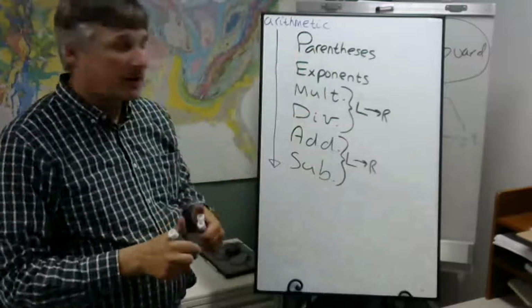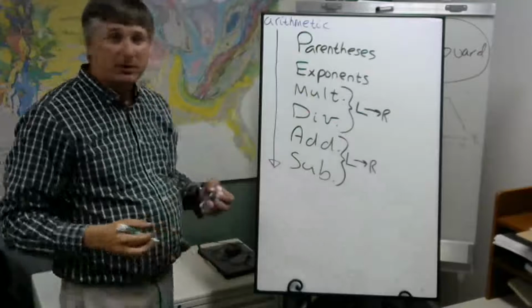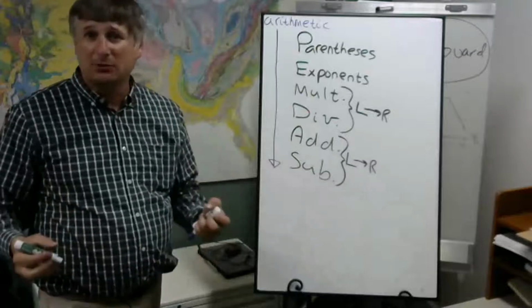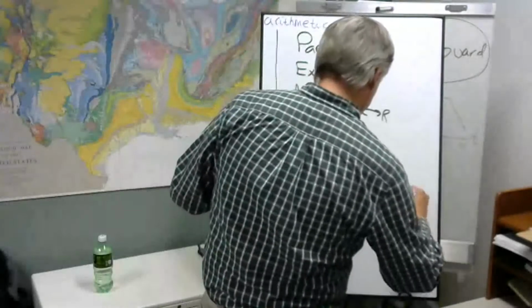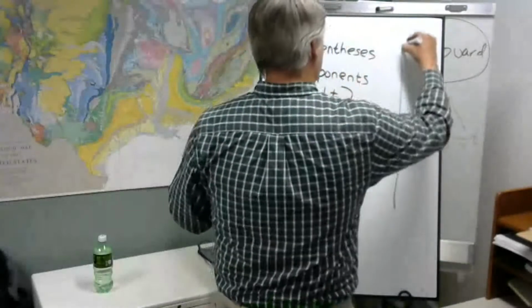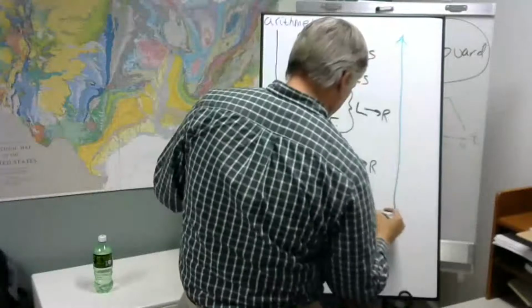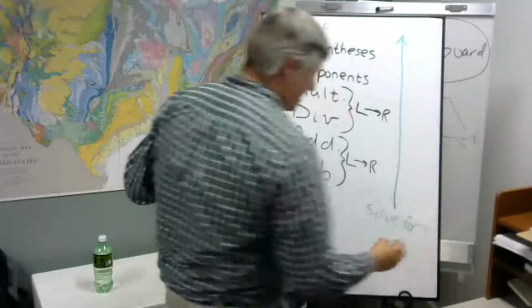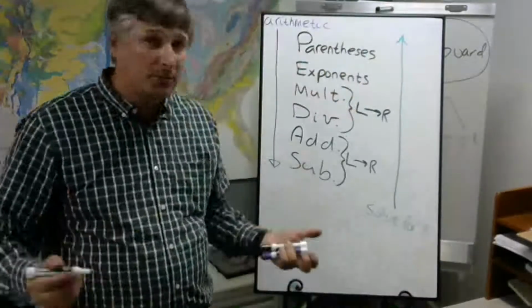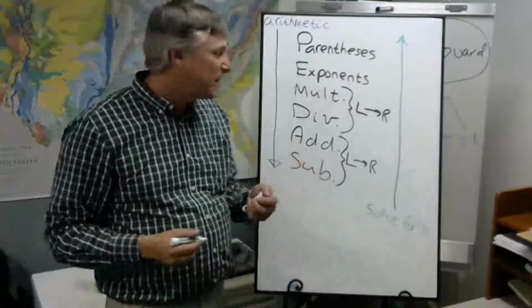But when we're solving for x, we're going to cancel things, but we cancel going in the opposite direction. Now, it could be x, it could be y, it could be t, but we'll just stick with x for now.